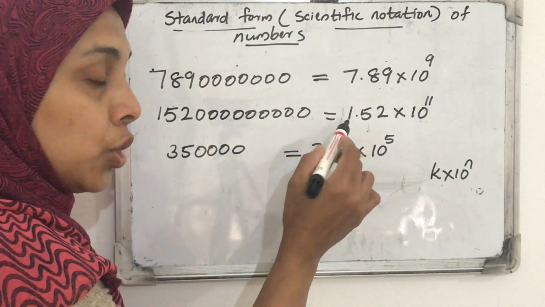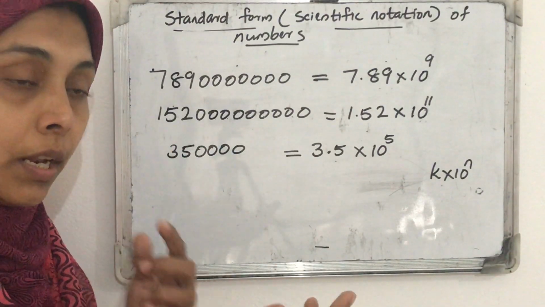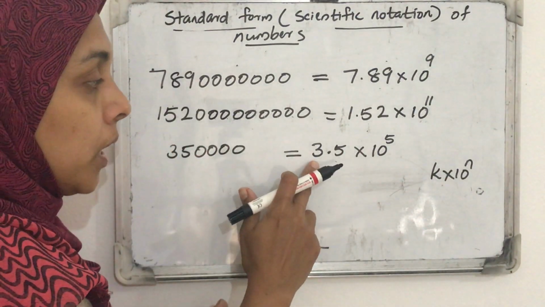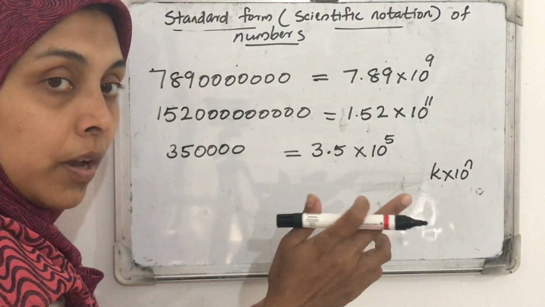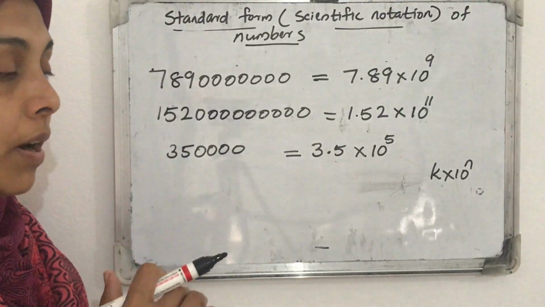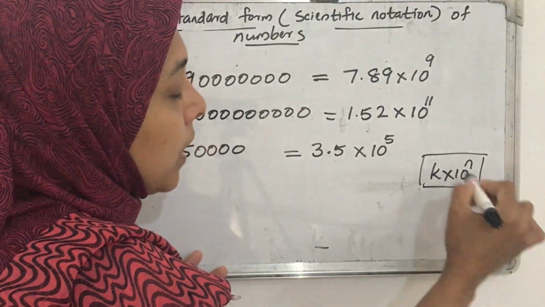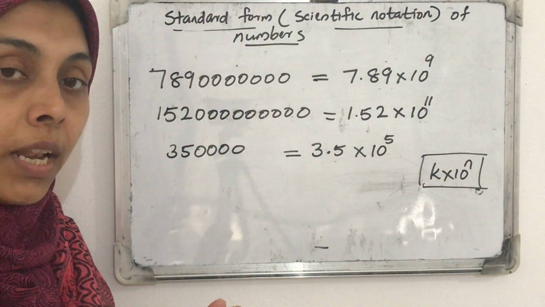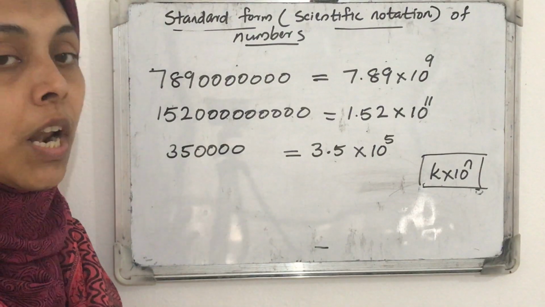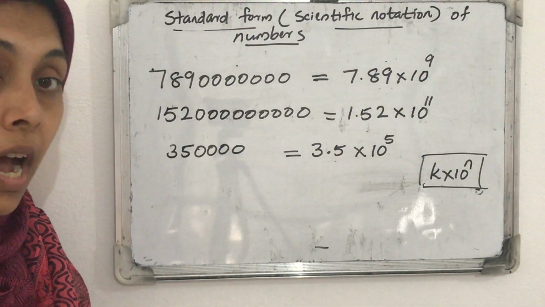Sometimes it will be equal to 1 or greater than 1. That is the only condition needed. So here 3.5. That number is between 1 and 10. So the general form of that number is k into 10 raised to n. That k should be a number between 1 and 10, and it may be 1 also. Clear? So that is the scientific notation of larger numbers.